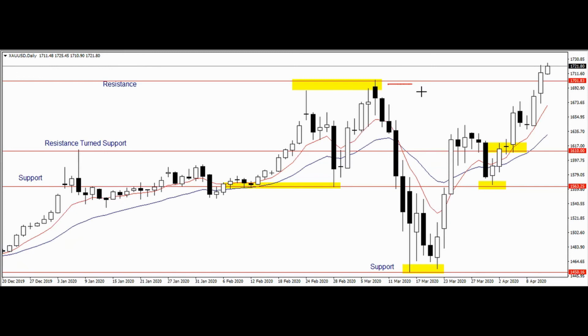We have resistance turned support here at 1610, previous old resistance. We have support here at 1563.25 or thereabouts, and of course long-term support here.